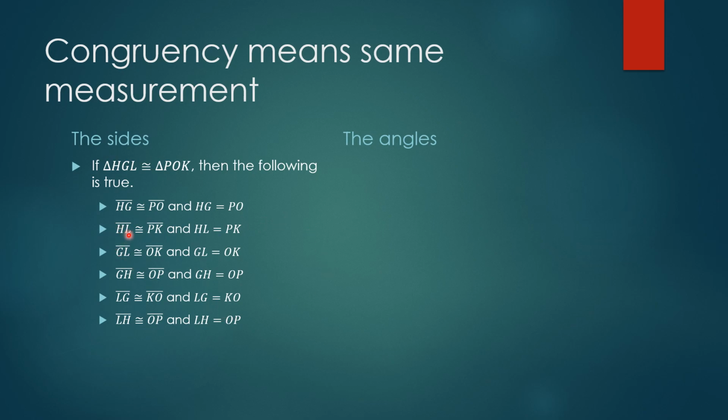Line segment HL is congruent to line segment PK, and therefore the measure of HL is equal to the measure of PK. Notice that there are a lot of different ways we can write the same thing. Just like naming line segments in general, we could flip the order of the letters in the individual line segments and we still get the same relationship.